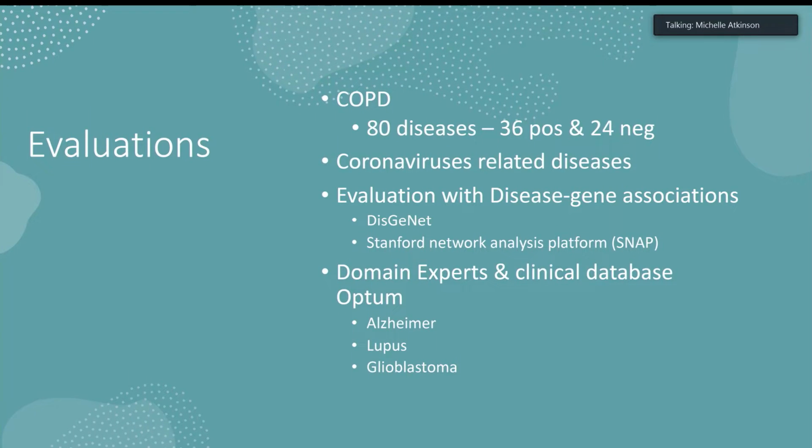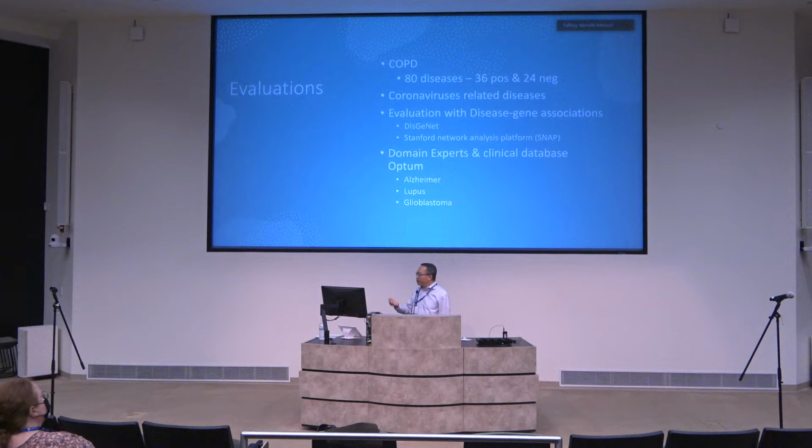We also apply that to coronavirus-related comorbidity and other diseases. I will show results later. We also have applied these methods for evaluation with disease-gene association, basically trying to identify what are the important genes for each disease.